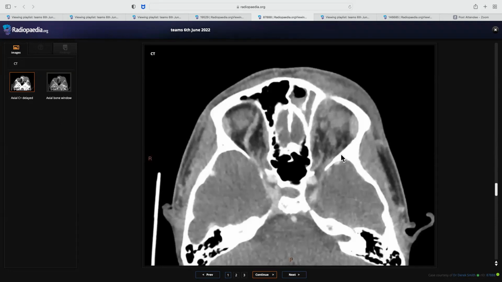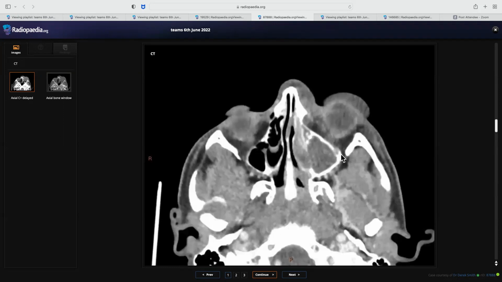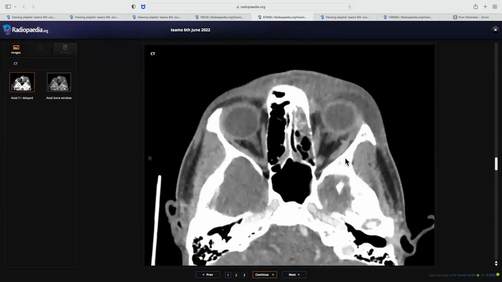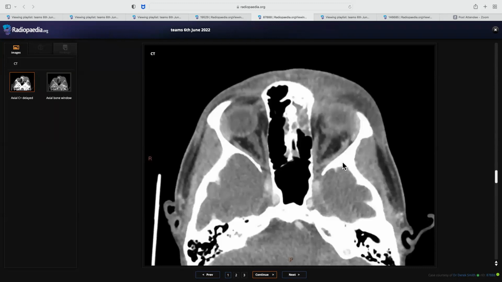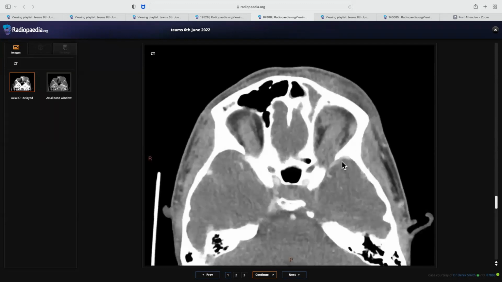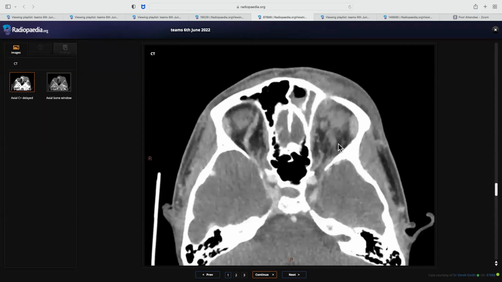I'm not sure about the ophthalmic vein. I don't see any hyperdensity or dilated vein there. However, I would inform the referring physician of the findings and also alert the ophthalmologist.